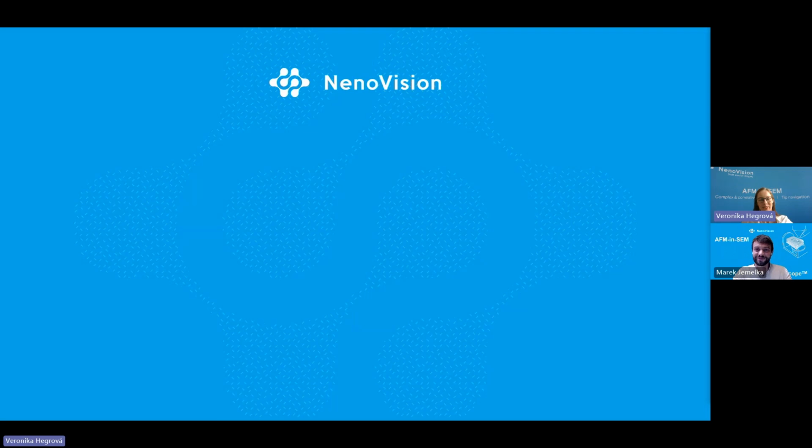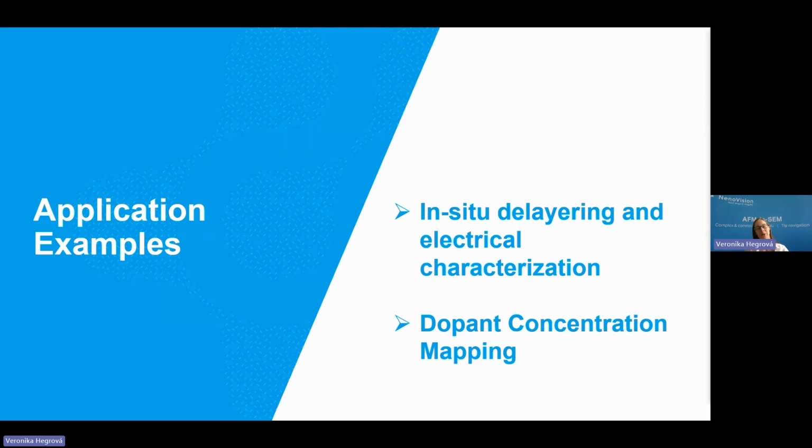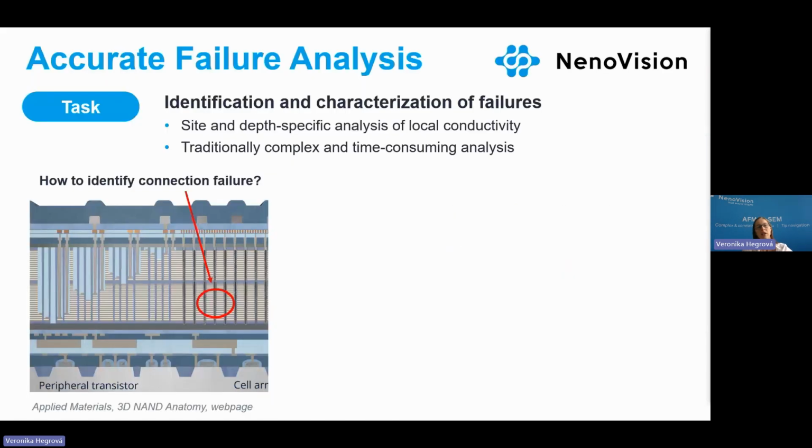That's true. So let's jump directly in. In today's webinar, I'd like to discuss with you our use cases on in-situ delayering and electrical characterization, and the second of them will be touching on site-specific dopant concentration mapping. For the first one, the task is how we can identify a connection failure or characterize it when it's buried somewhere within the structure in depth.